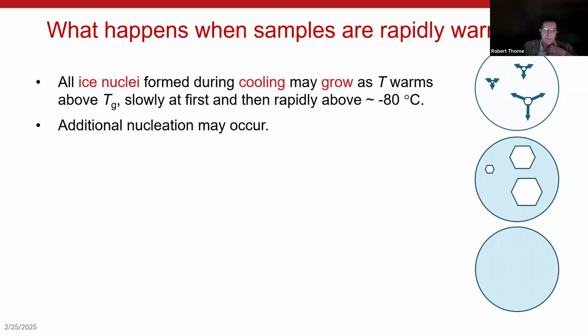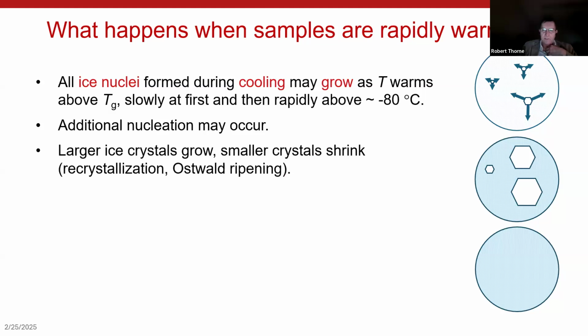You could also, in principle, have additional nucleation. If there's enough time, larger crystals will tend to grow at the expense of smaller ones. And eventually on warming, all of that ice that forms is going to melt. So the ice during warming is transient.